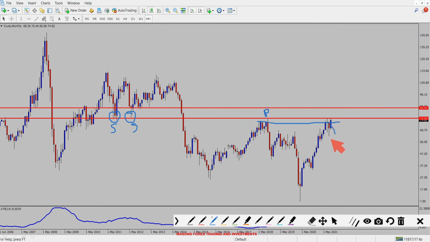This is monthly, right? This blue candle right here is a September candle. This candle closed higher than this level here. So now this is giving us a clue. The price may be going higher.